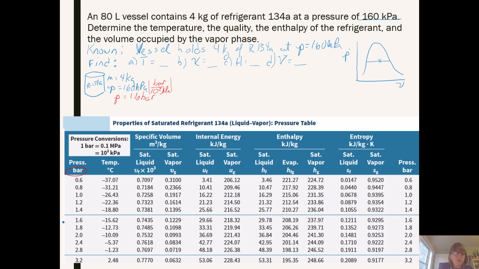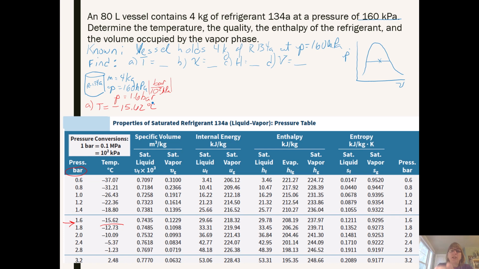Okay, so we look at 1.6 bar, and here's our temperature. So our temperature for part A is going to be negative 15.62 degrees Celsius. So that's our first part.